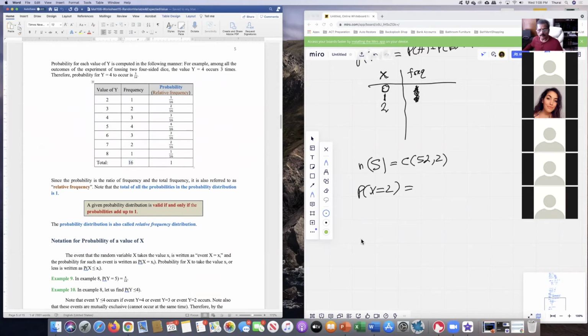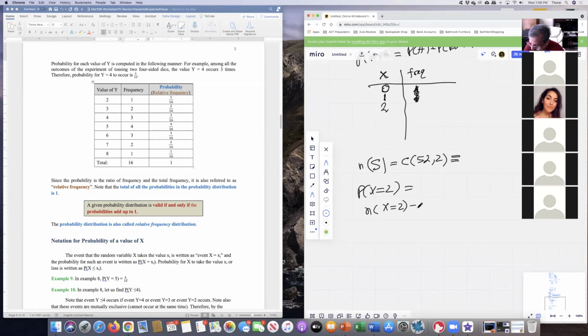So the total frequency is the same as the number of elements in the sample space. That's C(52, 2) in this case. So we need to simplify that number. And then the number of elements in the event of x equal to 2.